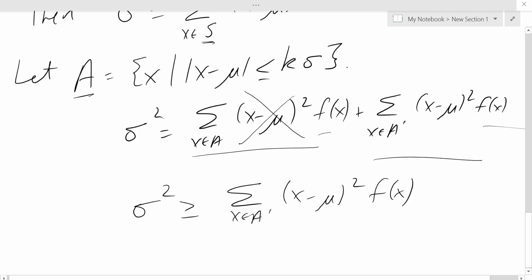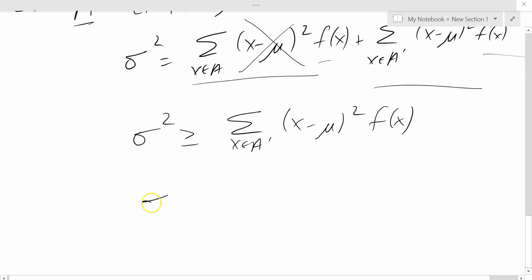What's it going to be greater than? k times sigma, and then squared, because if I square, the absolute value just goes away. If the absolute value of x minus mu is greater than k times sigma, then x minus mu squared will be greater than k squared sigma squared, right? We agree? So on the inside there, I can replace that with a strict inequality.